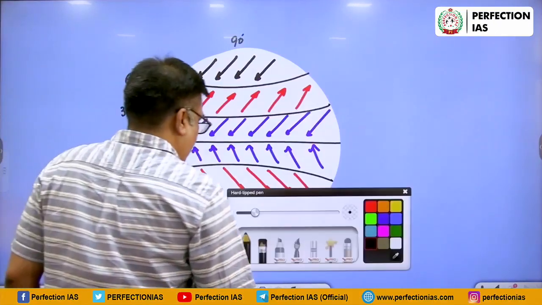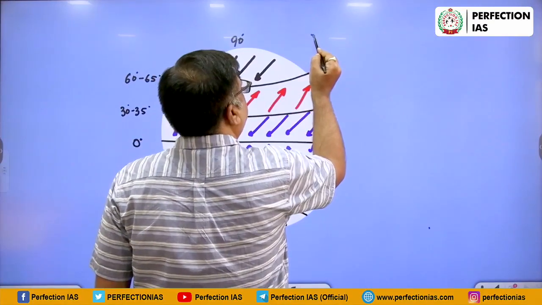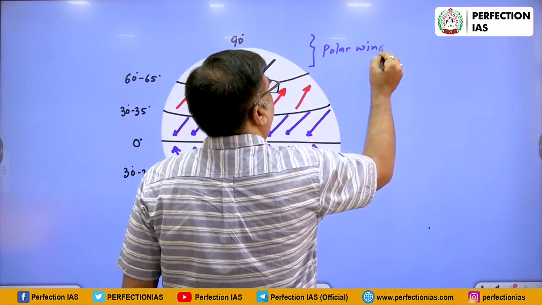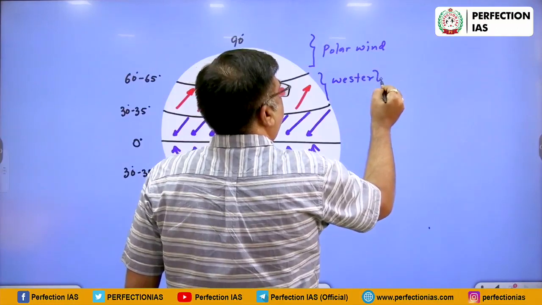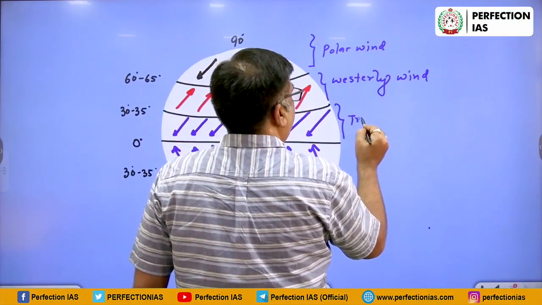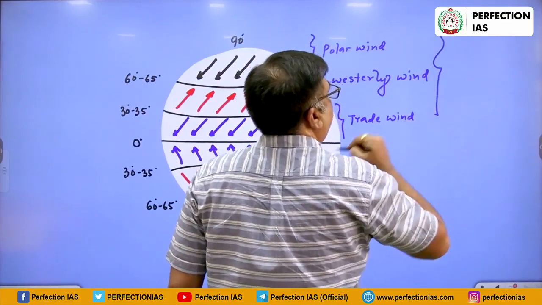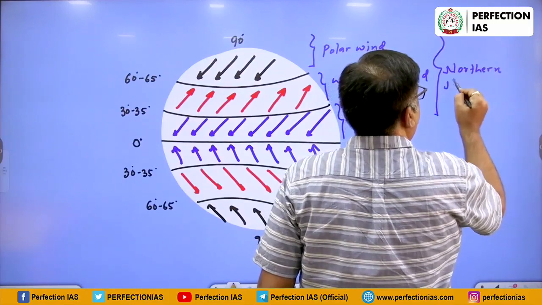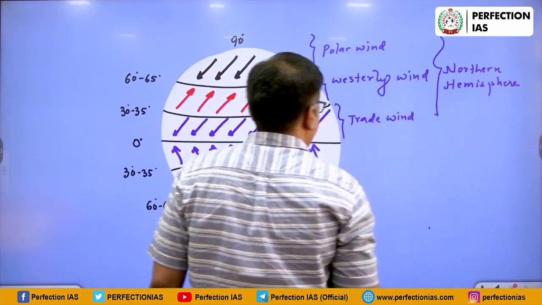All right, now just let me do the customary nomenclature. This is called polar wind, this is called westerly wind, this is called trade wind, and all these three are in the northern hemisphere.